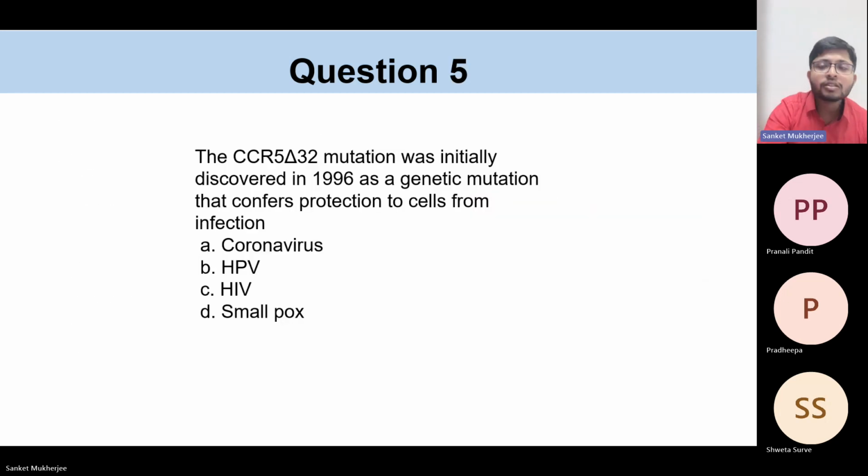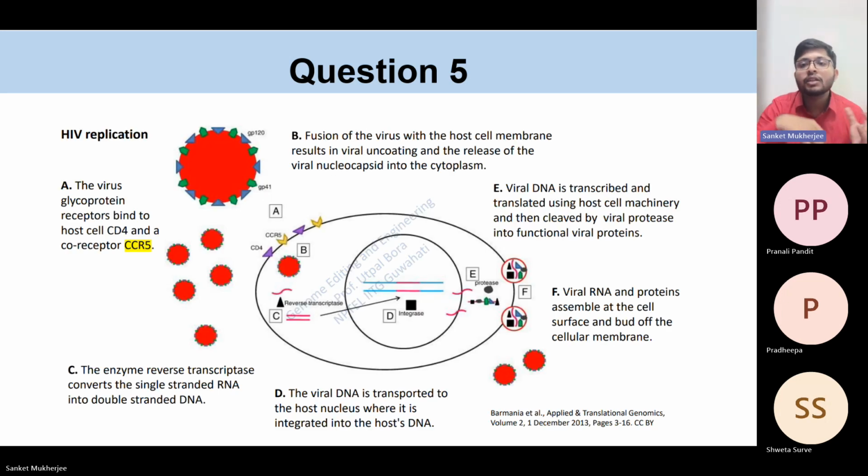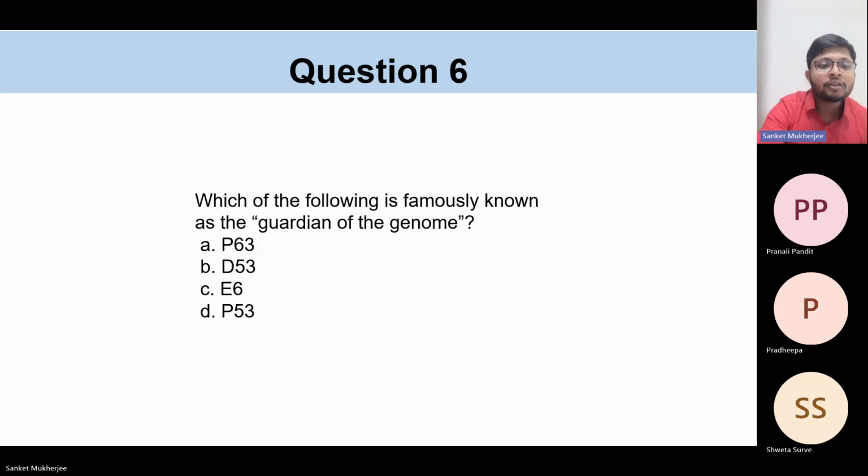The CCR5 32 base pair mutation, which was discovered in 1996, confers protection to the cell from HIV infection. We have already discussed how that happens, how HIV replicates in the cell. Then we talked about the protein famously called the guardian of the genome, that is P53.